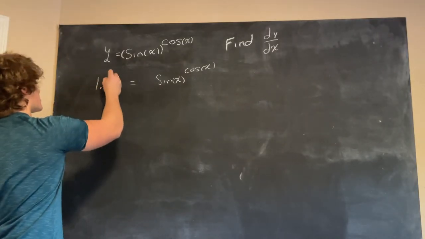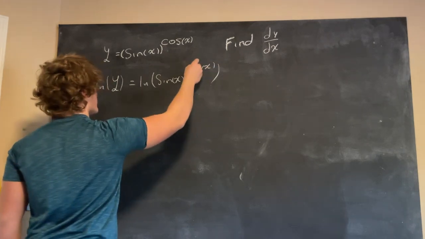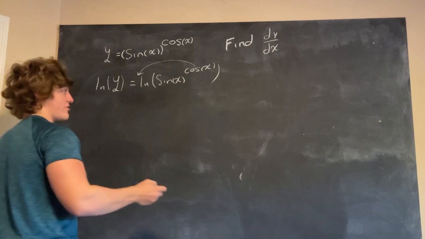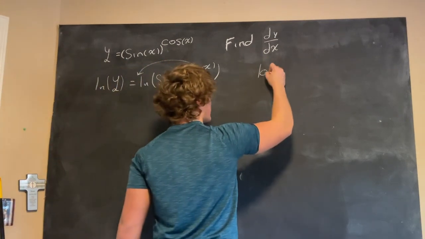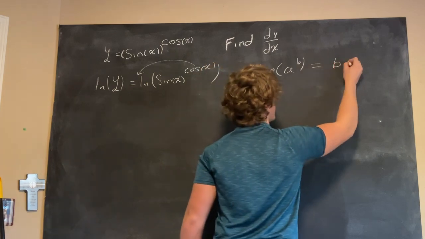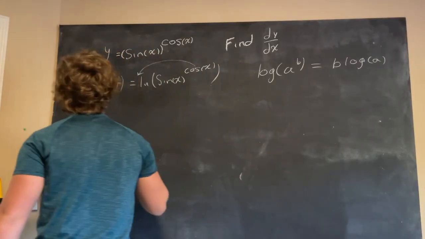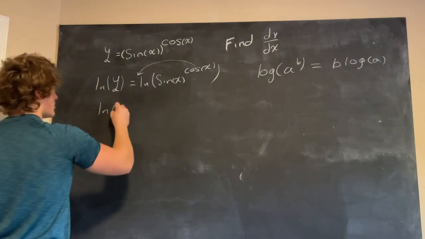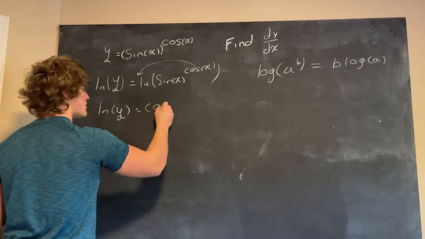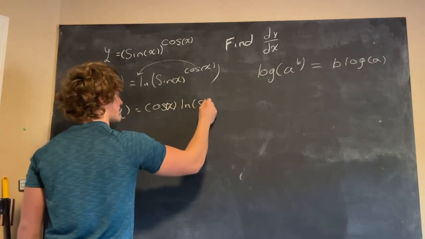When we take the natural log of each side, we can bring this exponent down due to our exponent rules for logarithms, where the log of a to the b is equal to b times log of a. So we get ln of y is equal to cosine of x times ln of sine of x.